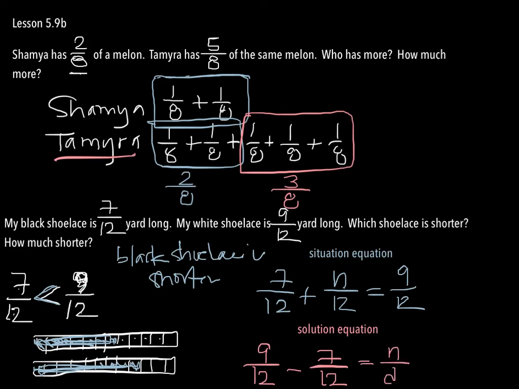Now, we should know d because this is speaking the same language, so this is 12ths. Now, 9 less 7 is going to be 2. So the black shoelace is the shorter shoelace, and it is shorter by 2/12 of a yard.